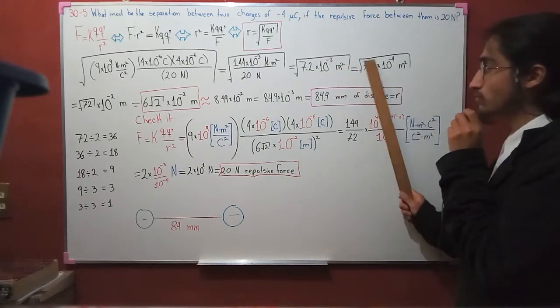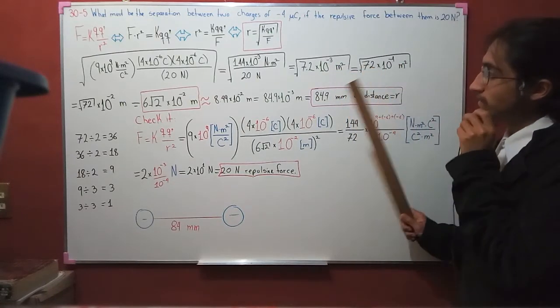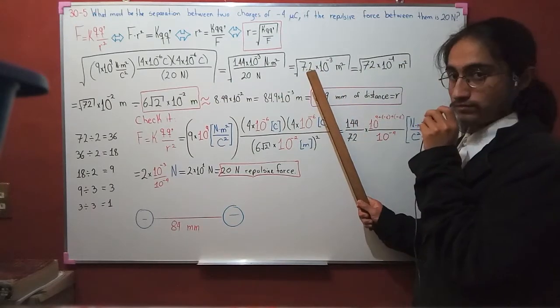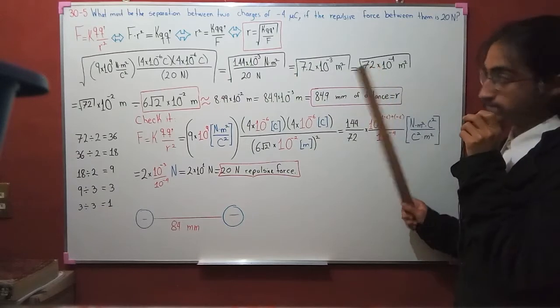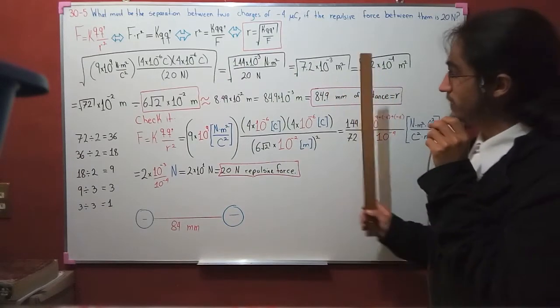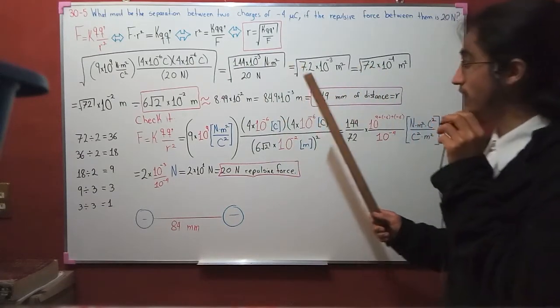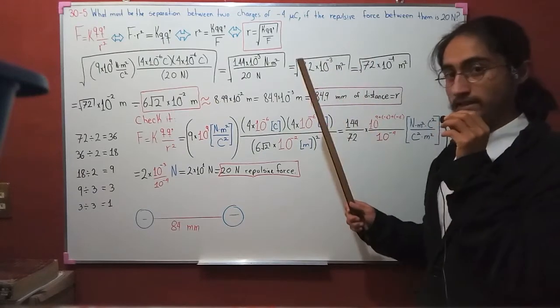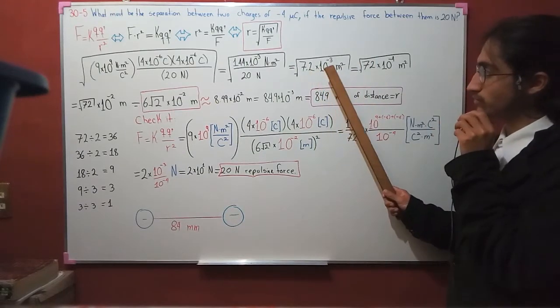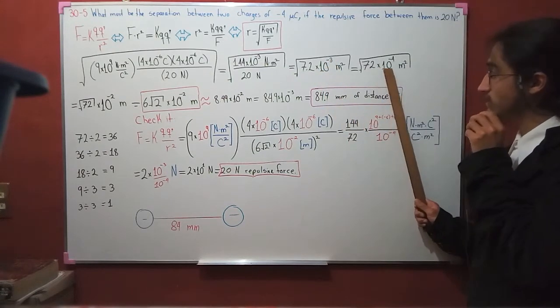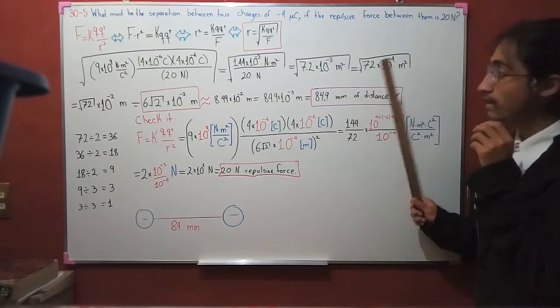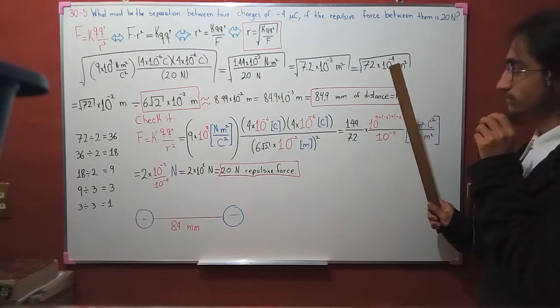It's equal to the square root of 7.2 multiplied by 10, which is 72. But if I multiply by 10, I also have to divide by 10. So 10 raised to the power of negative 3 divided by 10 is 10 raised to the power of negative 4 meters squared.